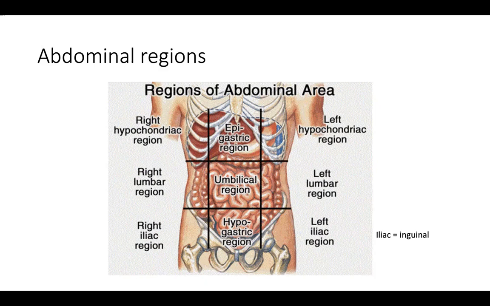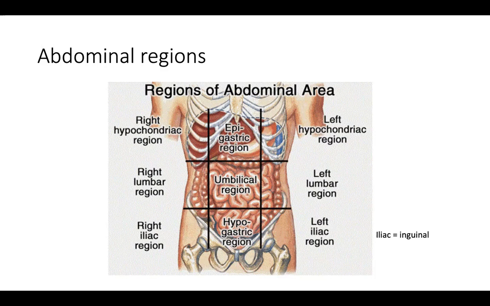Okay, so you have those upper and lower, right and left. General quadrants, I'm probably not really going to ask you about those. I will ask you about these other 9 regions within the abdomen. It's a lot of complicated sounding terms, but I'll try to break it down in an easier way for you.